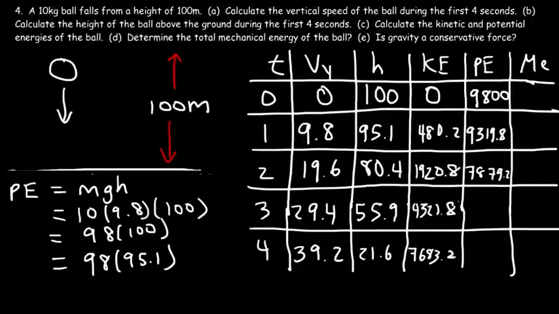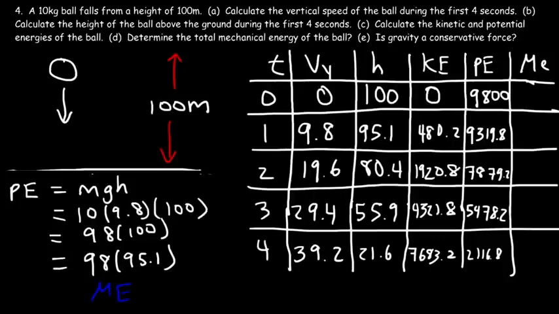I'm dealing with some very small spaces. I should have made this larger. So next is 98 times 55.9, which is 5,478.2. And then finally, 98 times 21.6, which is 2,116.8.